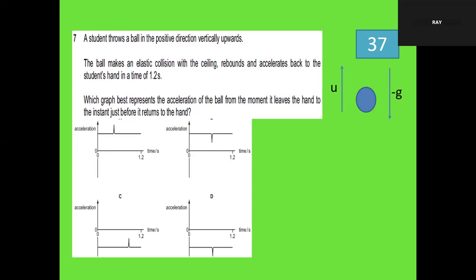Taking upwards as positive, you want the acceleration time graph.